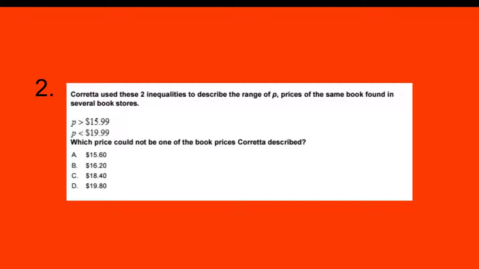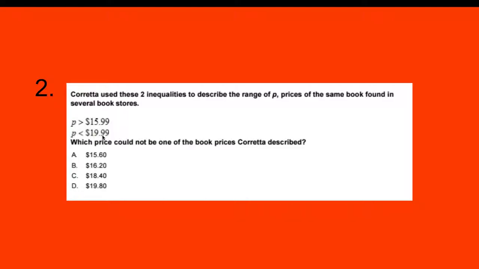Answer choice C, $18.40. It's greater than $15.99. It's less than $19.99. Therefore, C is not the answer. D is $19.80. It is greater than $15.99, and it is less than $19.99.